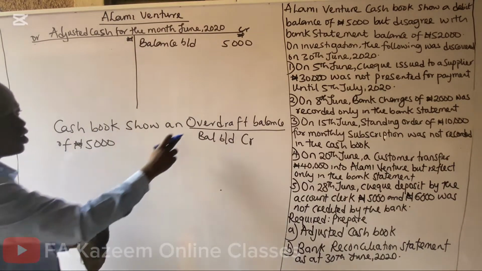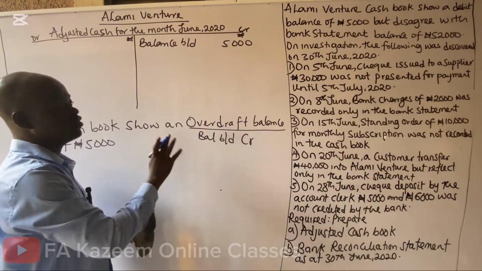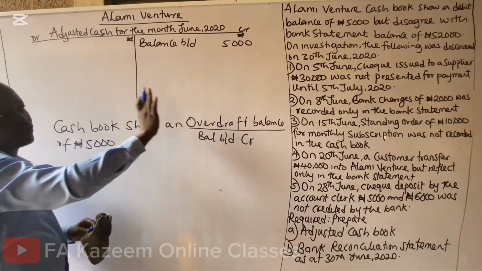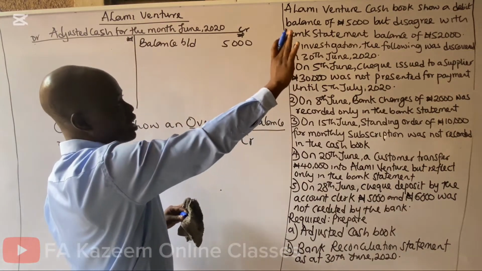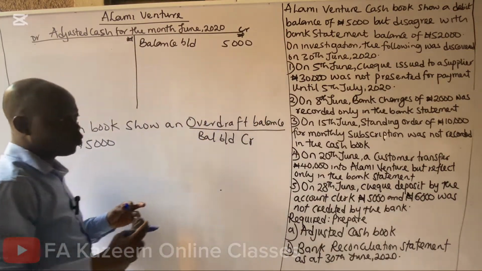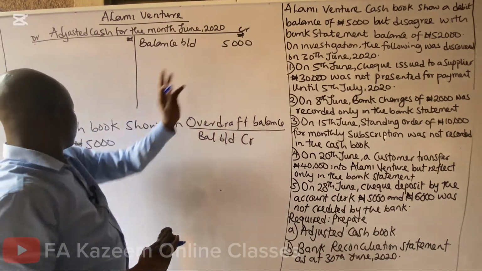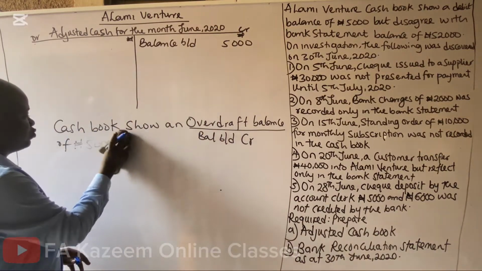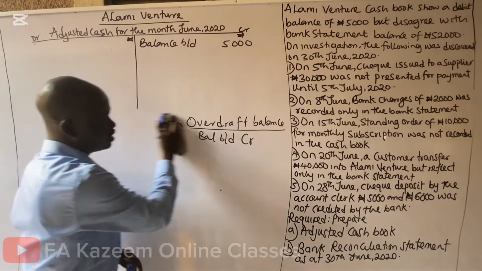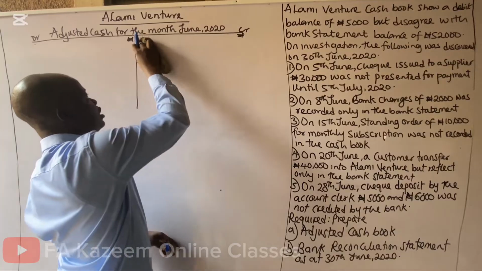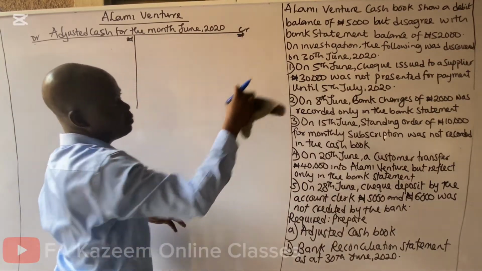But once the word overdraft is not there, they just say cash book balance, the cash book balance should be on debit. Or the question has said it clearly that you should put the balance on the debit side. But once a question says overdraft balance, you put the balance on the credit side. But because this is not an overdraft balance, we don't have something like that in this question. Let's go back to our main question. They said the cash book shows a debit balance.